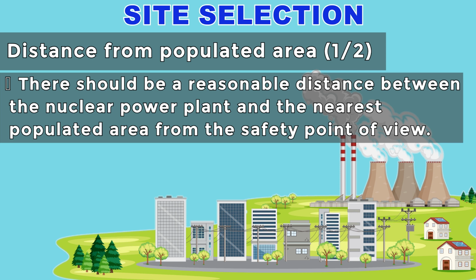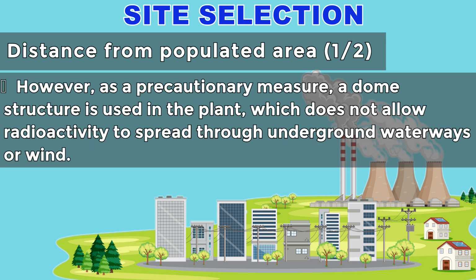So there should be a reasonable distance between the nuclear power plant and the nearest populated area from the safety point of view. However, as a precautionary measure, a dome structure is used in the plant which does not allow radioactivity to spread through underground waterways or wind.